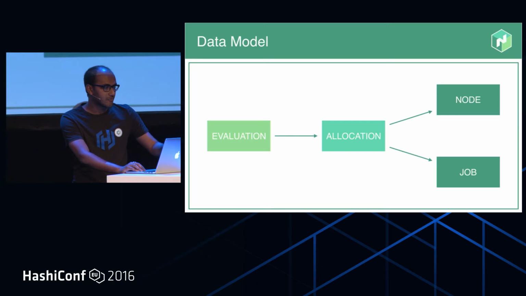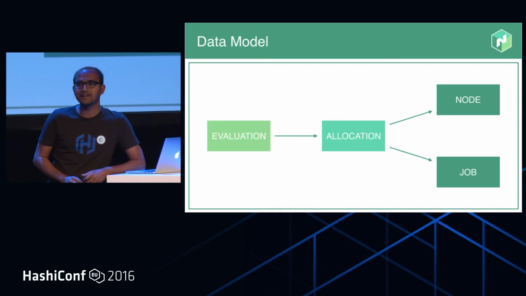And when an evaluation is bubbled up into the system, we create a new allocation. An allocation represents the actual change that is going to happen in the cluster. So when you submit a job, that's an evaluation, and it is triggered in the system. The scheduler then works on the evaluation, and an allocation represents the work that the system now needs to do.